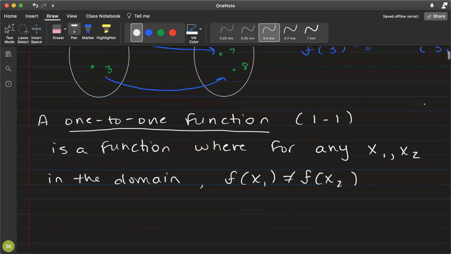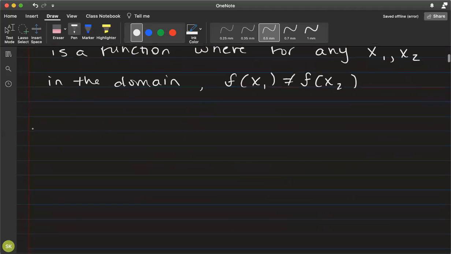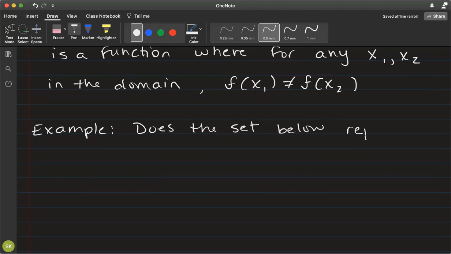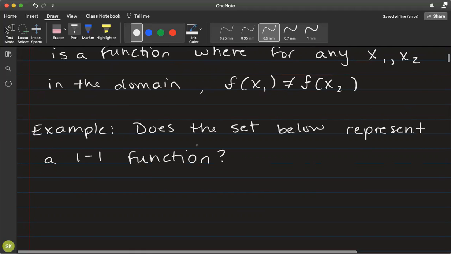Let's look at some examples of ordered pairs. So here's our first example. Does the set below represent a one-to-one function? And here's the set.